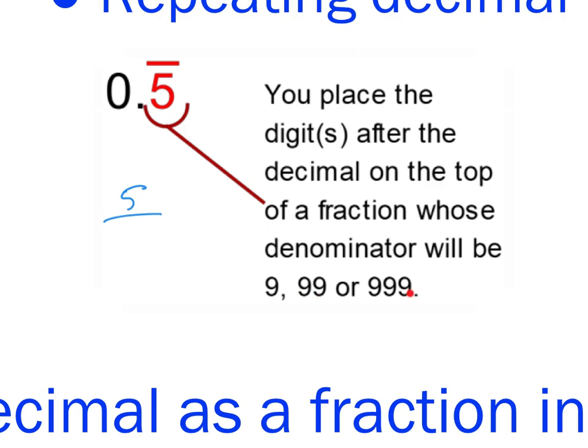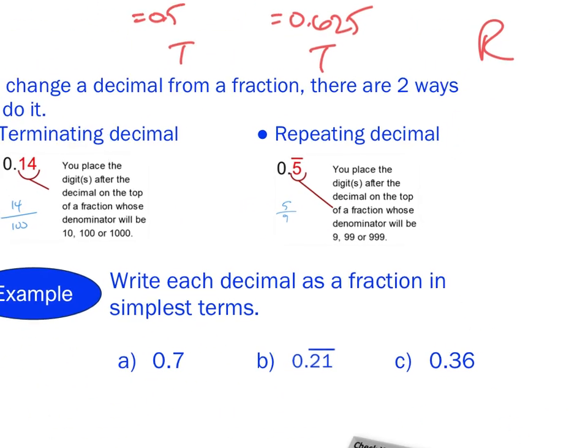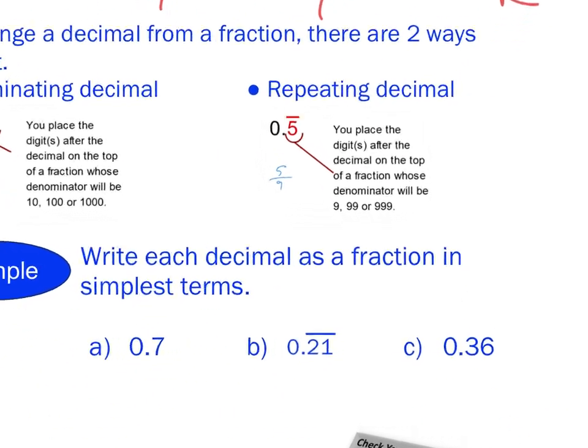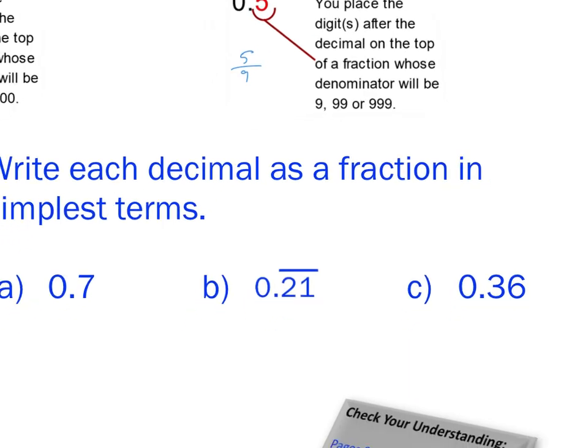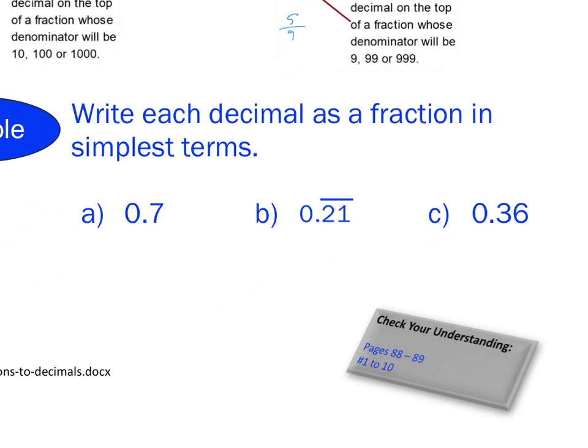Or 3 repeating numbers? If there's 1, you use a 9. If there are 2, use 99. If there are 3, use 999. So 0.5 repeated is 5 out of 9.